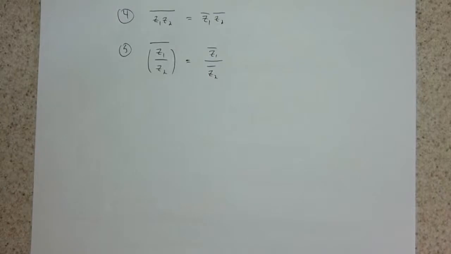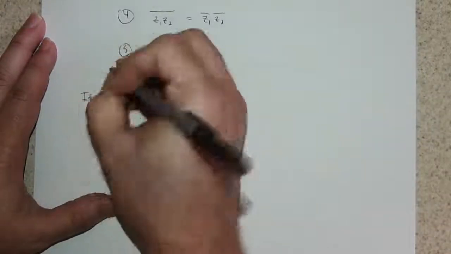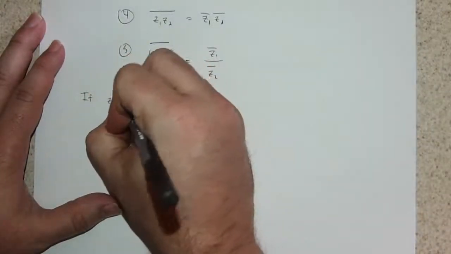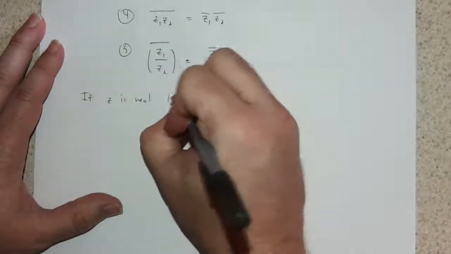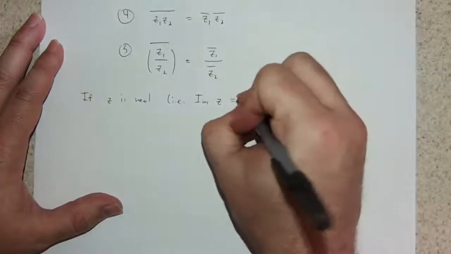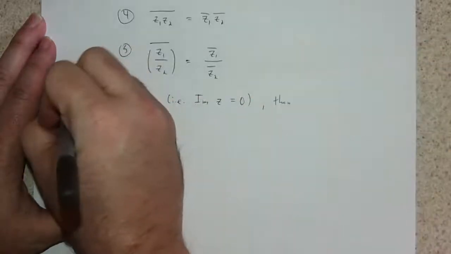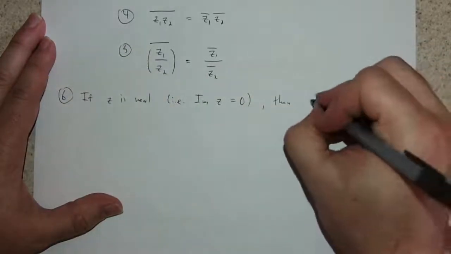That makes perfect sense. You might notice that the conjugate of 0 is still 0. You might also notice that if z is real, i.e. when the imaginary part of z is equal to 0, then we'll call this a sixth fact, right?